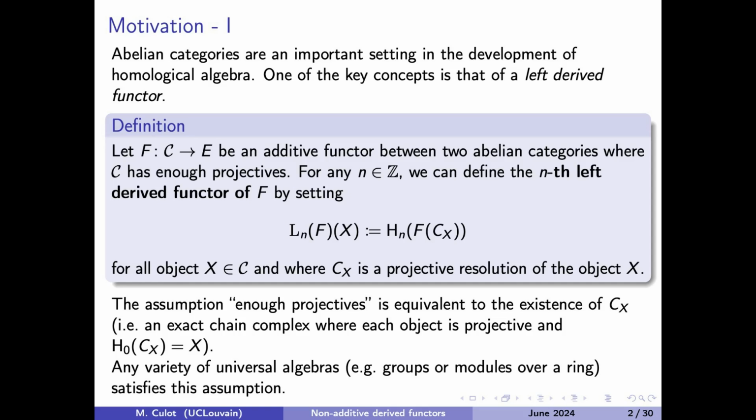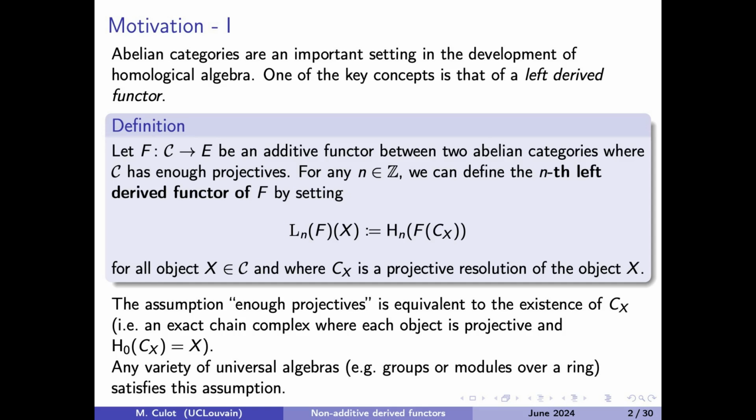So my title is about non-additive derived functors, but what is for me an additive derived functor? It's the usual one. Here the slide recalls the main definition and well-known notion. Let F be an additive functor between two abelian categories, C and E, and we ask in addition that C has enough projectives.